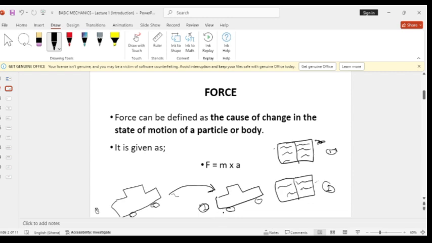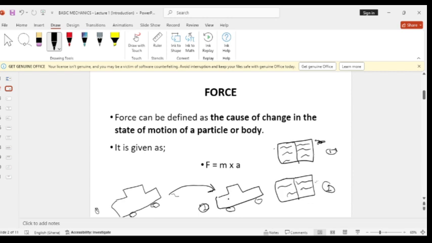So in general, if I'm able to cause an object to move from one position or state to another, then I have applied a force which has been able to move the object from that particular state to a different state. Without forces, an object in a state of rest, or which is static, will continue to be static. In the same way, without forces, an object in a state of motion will continue to be in motion.